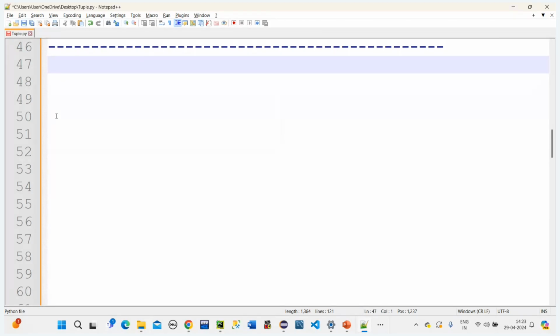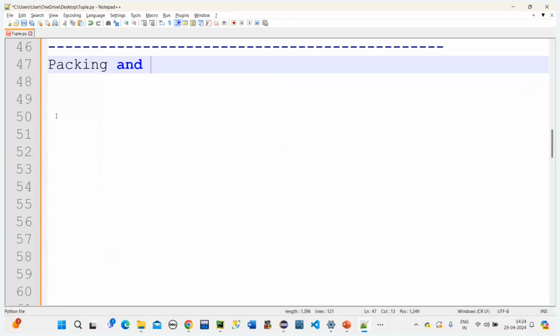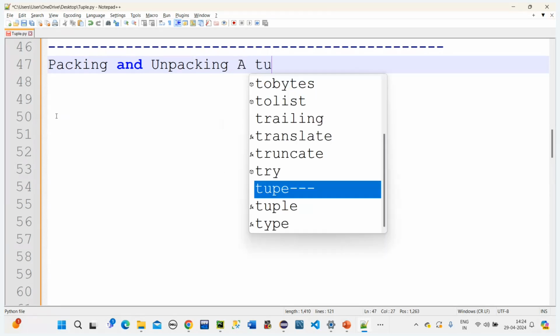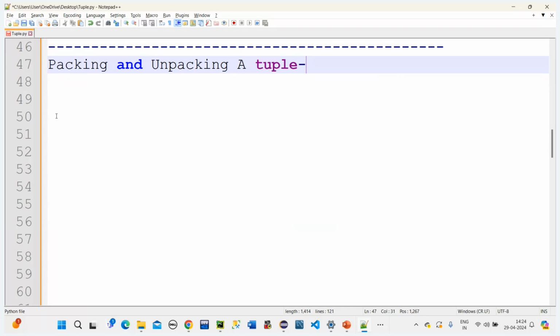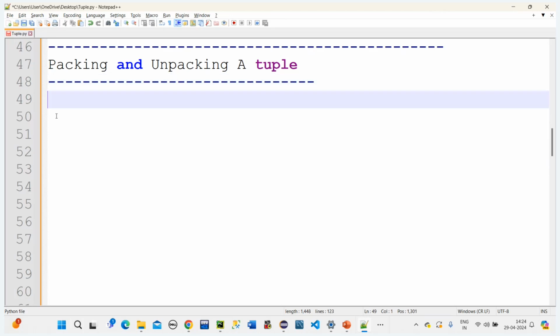So the concept name is, what is the concept name, guys? Yes, it is packing and unpacking. How we are packing and how it is unpacked. This is an important concept.